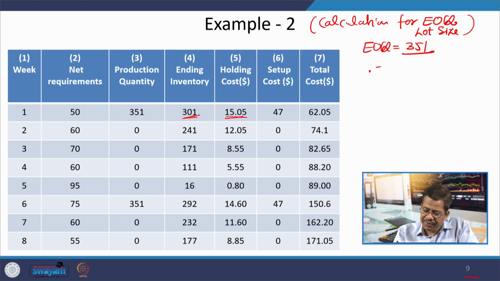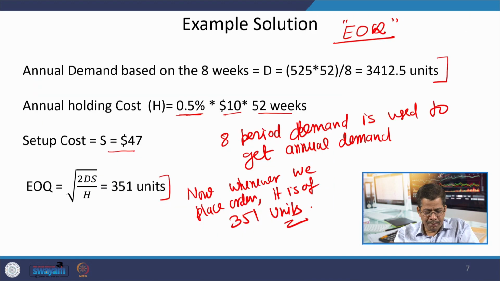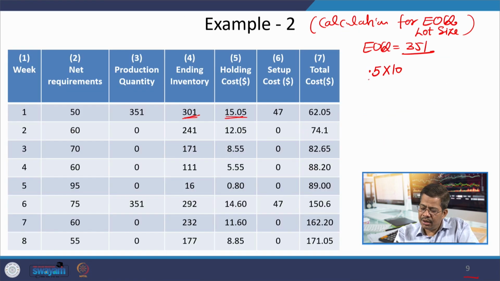So, 0.5 into 10, that is 0.5%, divided by 100, into 301. It becomes somewhere around 15.05, that is what is written here, and setup cost is 47. So, the total cost is 62.05.